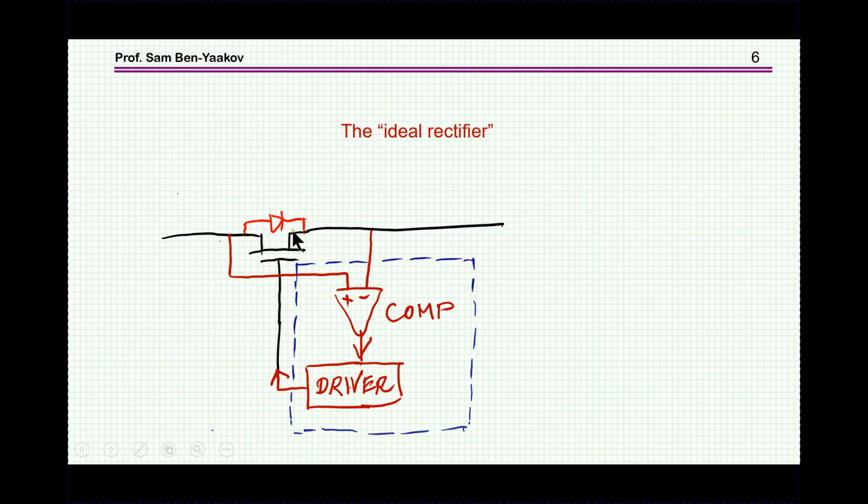And then when this voltage drops and approaches 0, or the cathode is a little bit higher than the anode side, then the transistor is turned off.